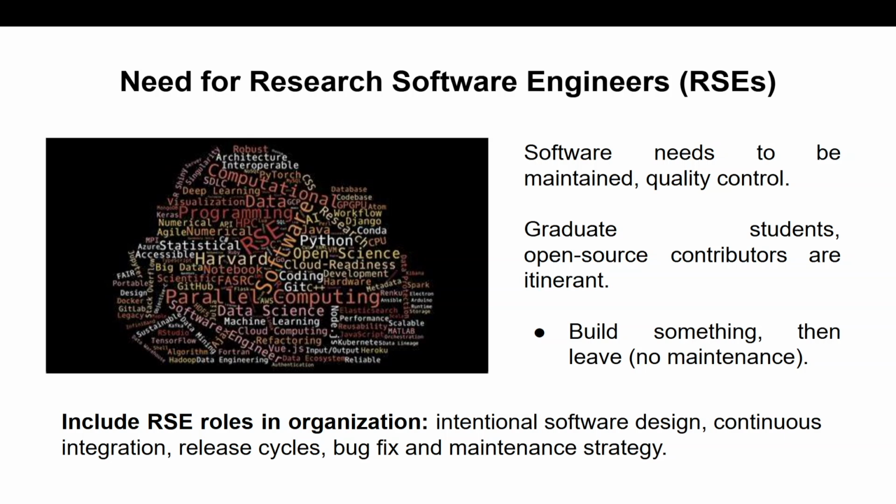The problem, of course, is that in academia, we tend to have graduate students or open source contributors build packages or whole software platforms, and their contributions are well appreciated, but their involvement is itinerant. That means they might build something and then leave the lab in 2 years, or they may never contribute to an open source project again and you may never see them again.